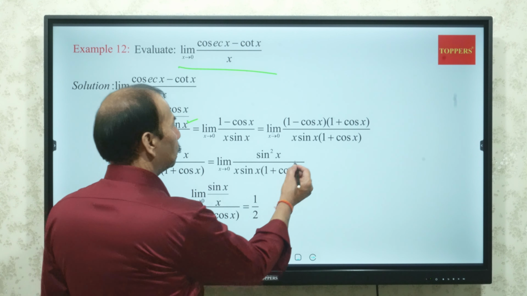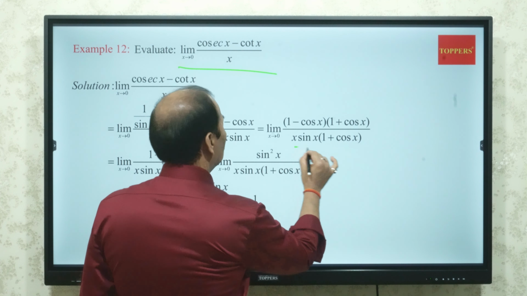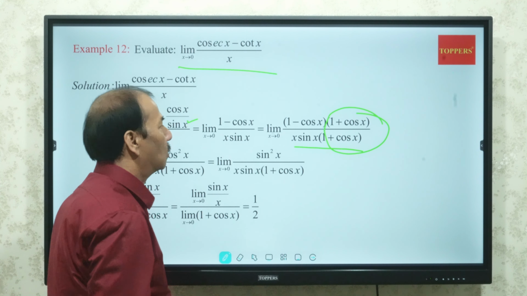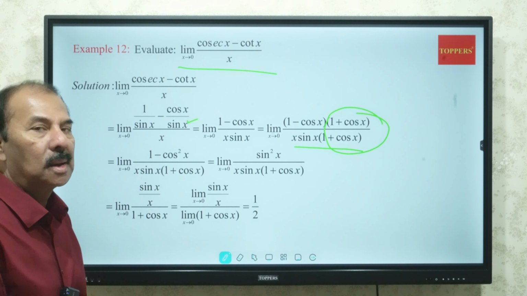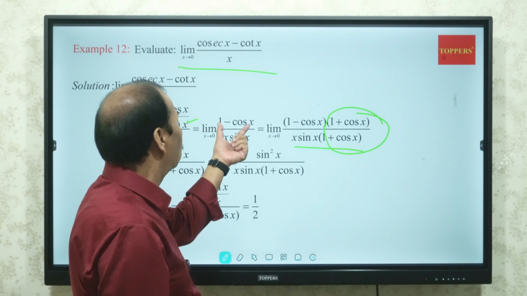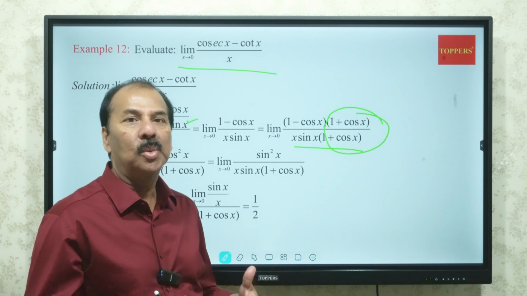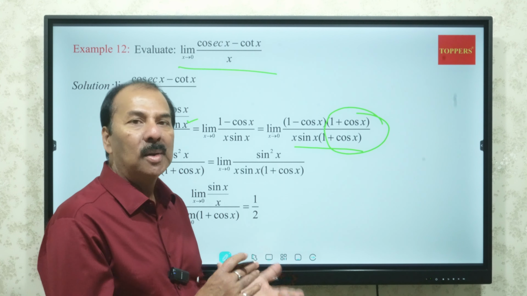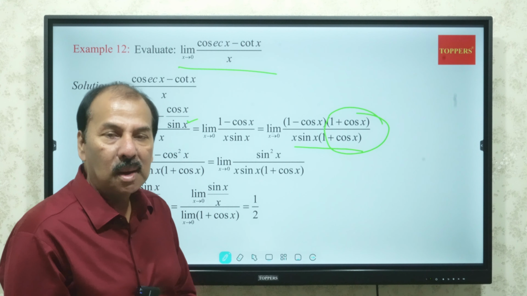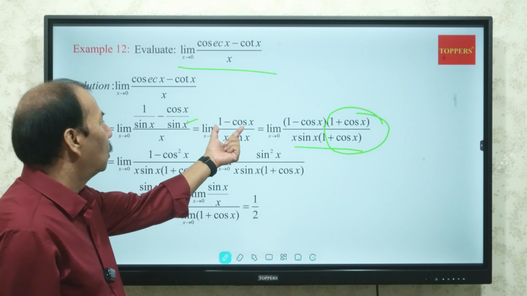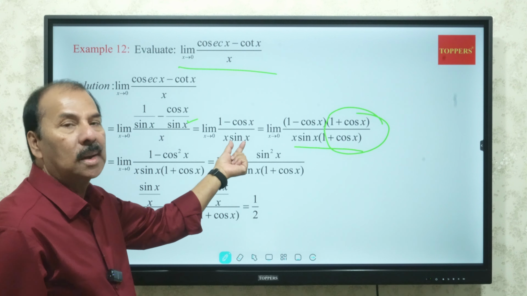Now again you see here, we have multiplied the numerator and denominator by 1 plus cos x. Just because we already have 1 minus cos x, and here there is the presence of sin x, you have to start thinking what should we do so that we get the correct solution as well as the easier solution. So already 1 minus cos x is there and sin x is there.